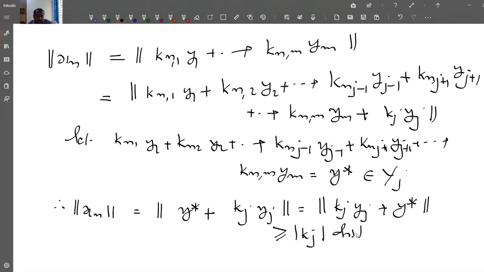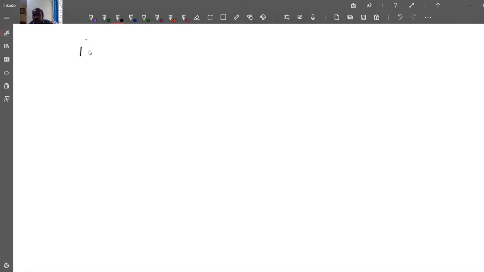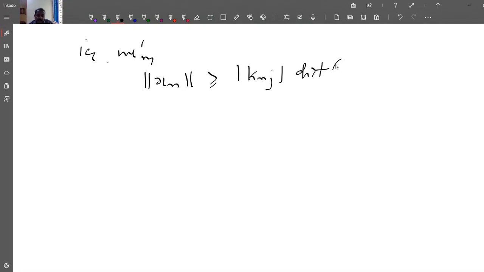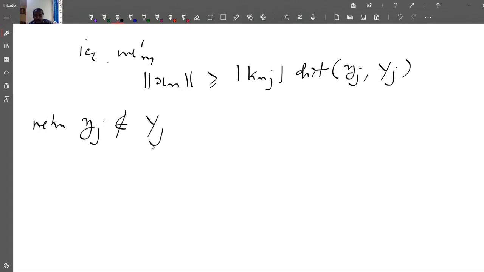the distance between yj and Yj. That is, we have norm of xn is greater than or equal to modulus of knj times distance between yj and Yj, and since yj does not belong to Yj, the distance between yj and Yj is greater than 0.